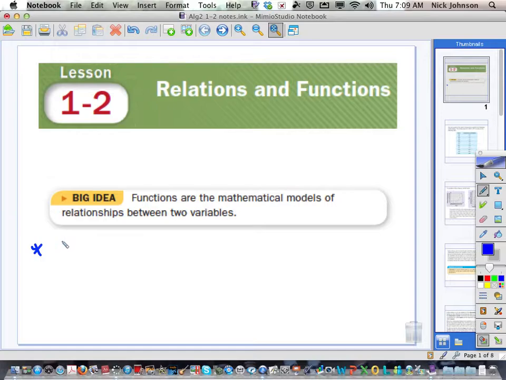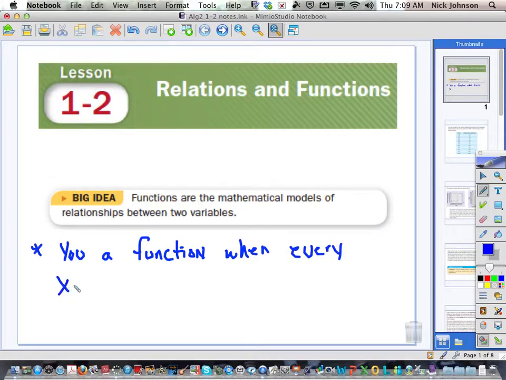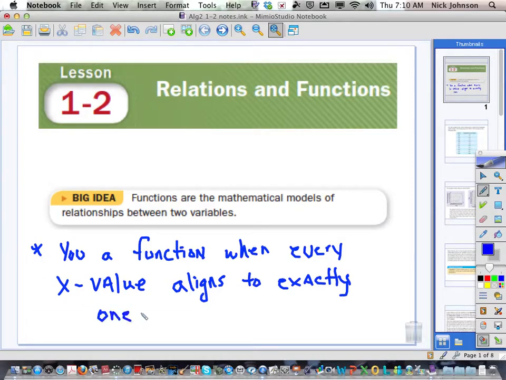To know that it is a function, you have a function when every x value aligns to exactly one y value.